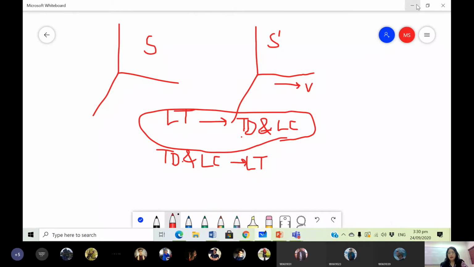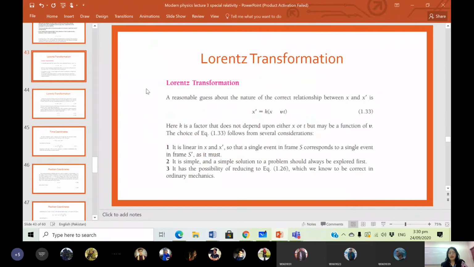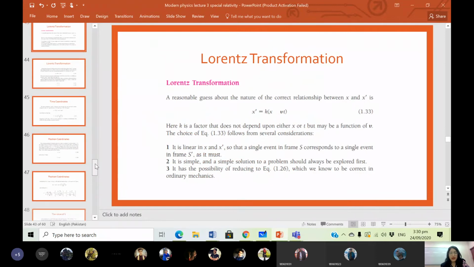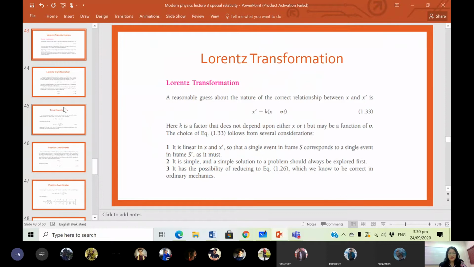So what I'm saying here now is that we want to derive the Lorentz transformation, and from it we will make sure that time dilation and length contraction are obeying the Lorentz transformation. They are being fulfilled. The postulates that we stated earlier, time dilation and length contraction, are going to be obeyed, okay?